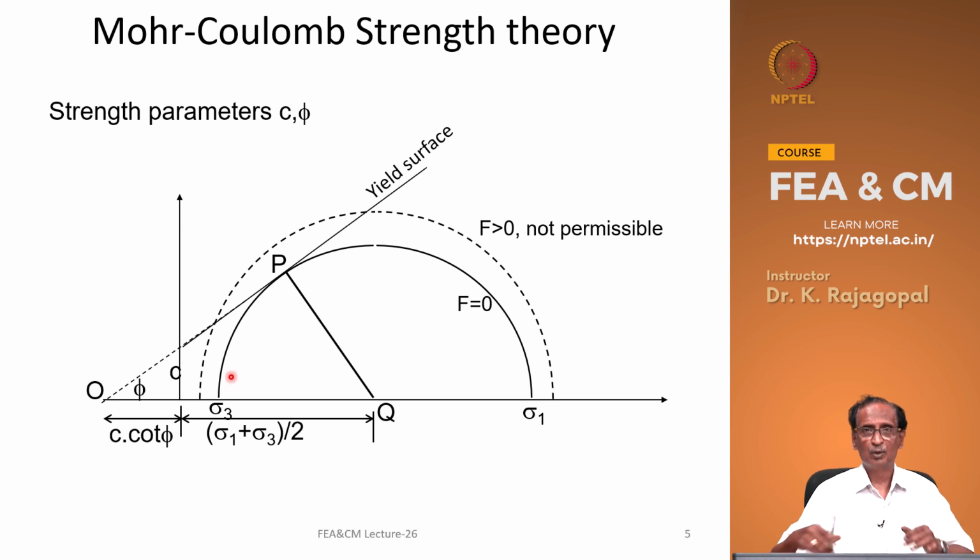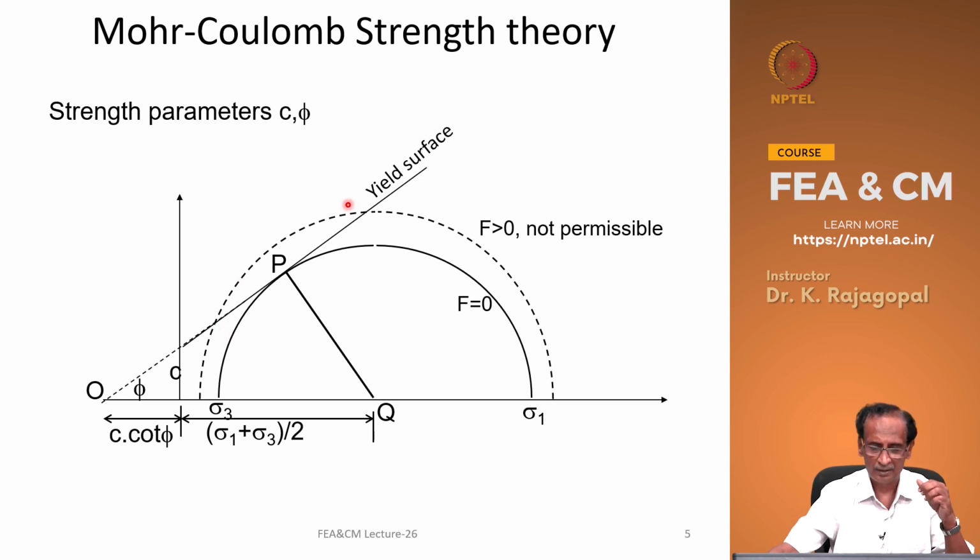And if you draw any Mohr circle based on the stress state that you have, if the Mohr circle is within the yield surface, we say that the stress is in the elastic state, and if it is just tangent to the yield surface, we say that it is at the limit state. And any Mohr circle that is cutting across the yield surface is not admissible, it is not possible.